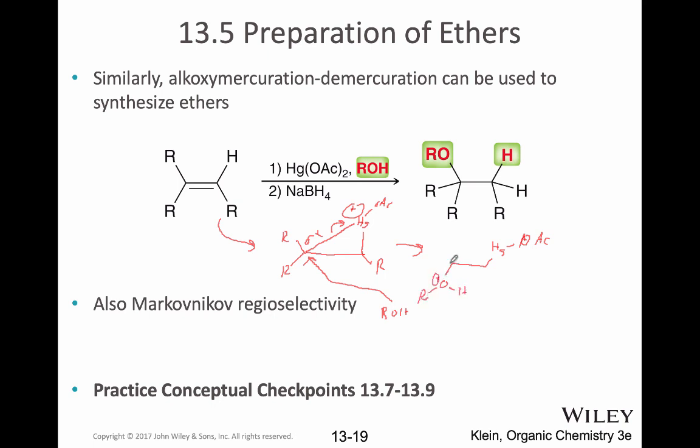And you can see now how we've made an ether here. Once I deprotonate, I'm going to have made an ether. There's acetate floating around, so I'm going to remove that proton to make my ether. So this is just another way to think about making ethers.